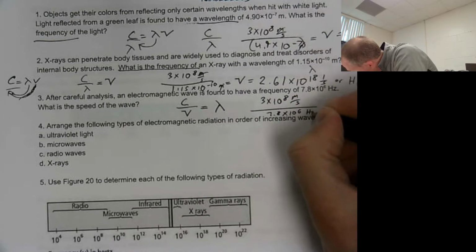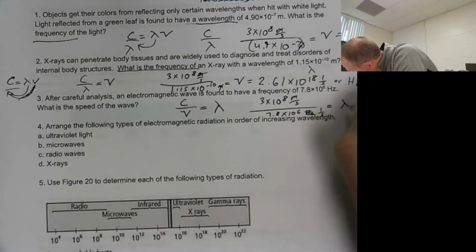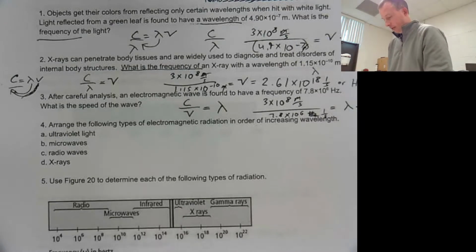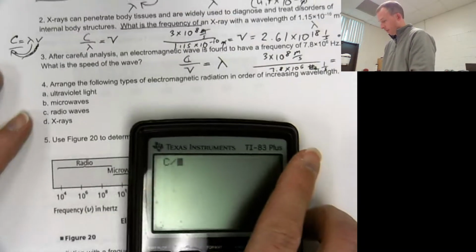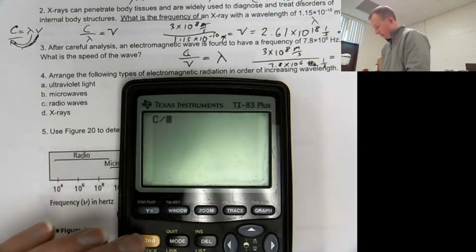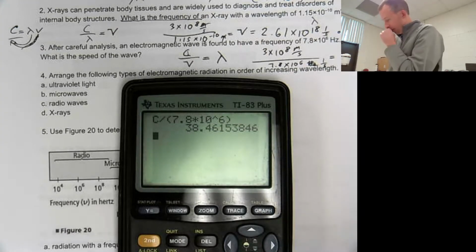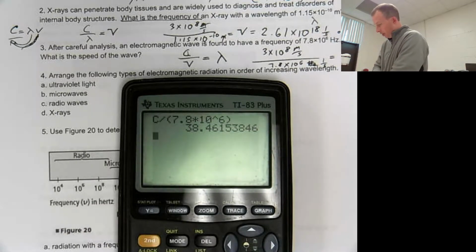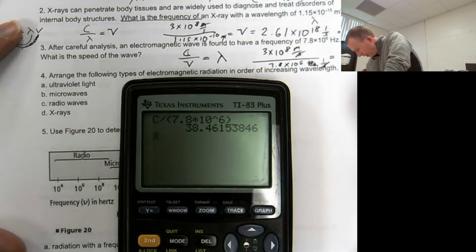Remember, hertz is 1 over S. I'm going to rewrite it like that. So you'll do divided by. If you're getting these answers, but the exponents are wrong, then you're not using parentheses when you divide.